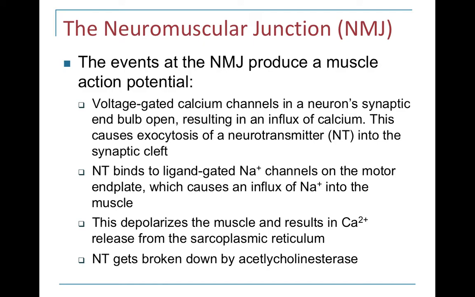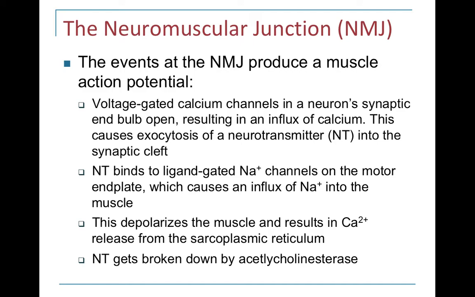So the events that we have to have go on to produce this action potential are that the voltage-gated calcium channels in the neuron's synaptic end bulb open, resulting in an influx of calcium, causing exocytosis of our neurotransmitter acetylcholine into the synaptic cleft.